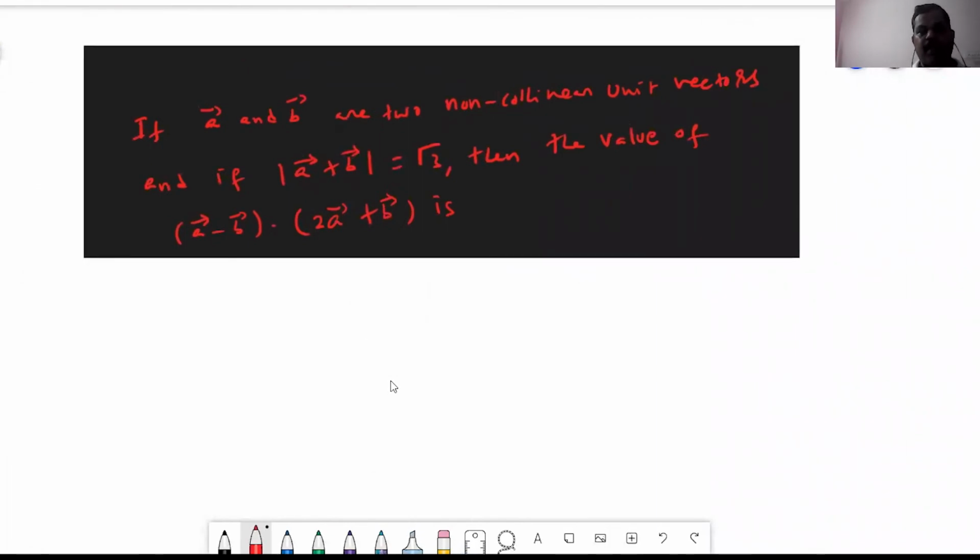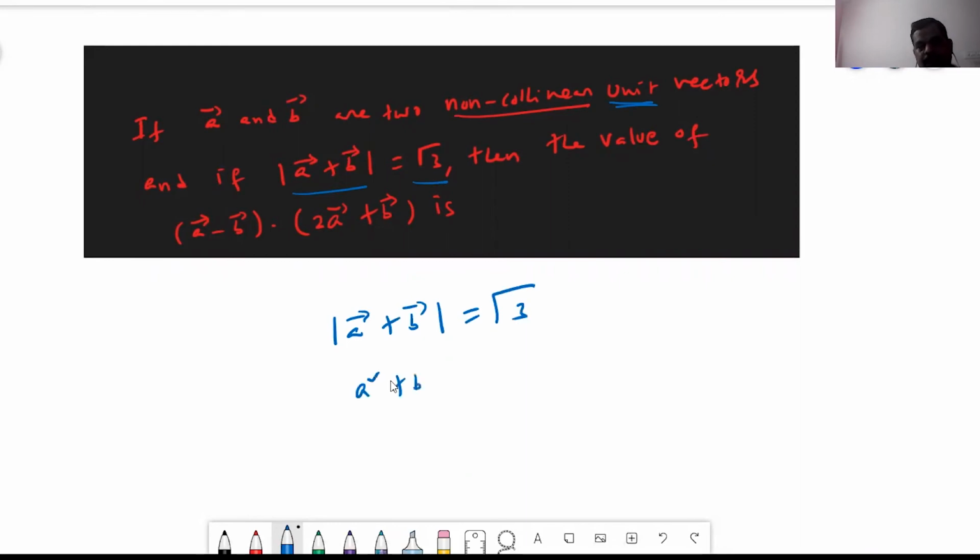A bar and B bar are two non-collinear unit vectors. I said unit vectors. And if the magnitude of A bar plus B bar is root 3, then find the value of A bar minus B bar dot 2A bar plus B bar. First of all, the magnitude of A bar plus B bar is root 3, so let's find out the magnitude. A square plus B square plus 2AB cos theta is 3.